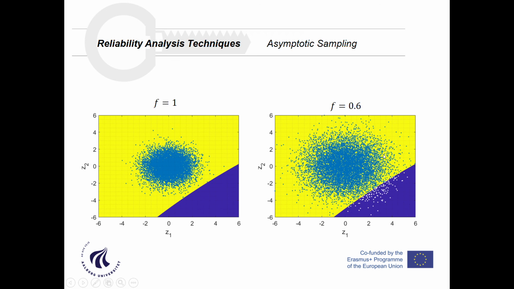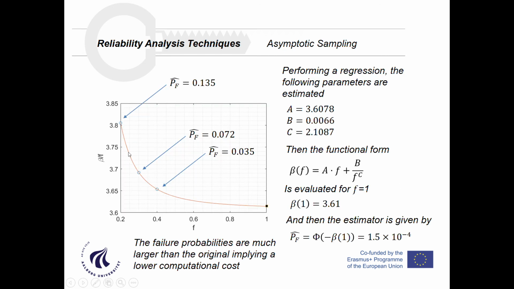So what we're going to do basically is use different values of f and calculate the failure probability using Crude Monte Carlo simulation. And then we're going to take all these points, for example, we have 3 here, and we're going to perform a regression analysis using the functional form.